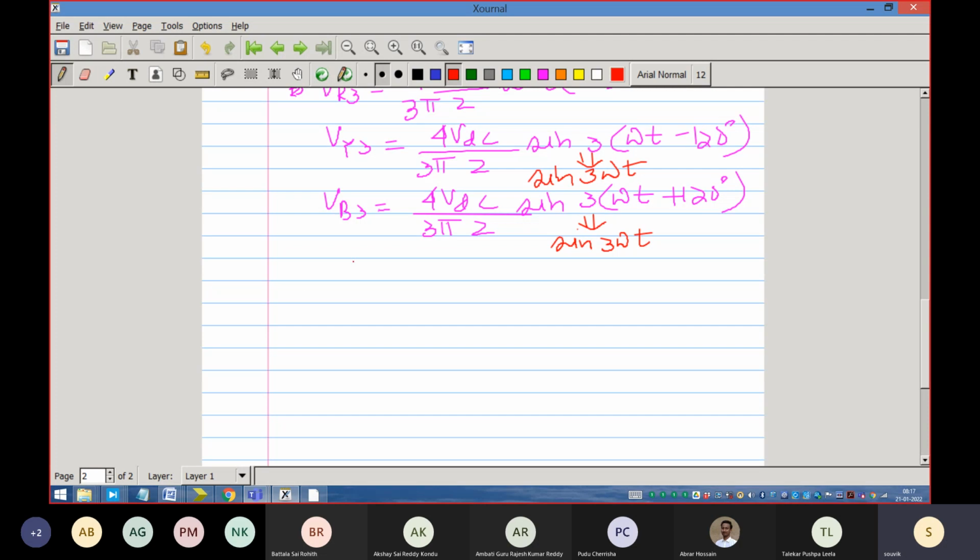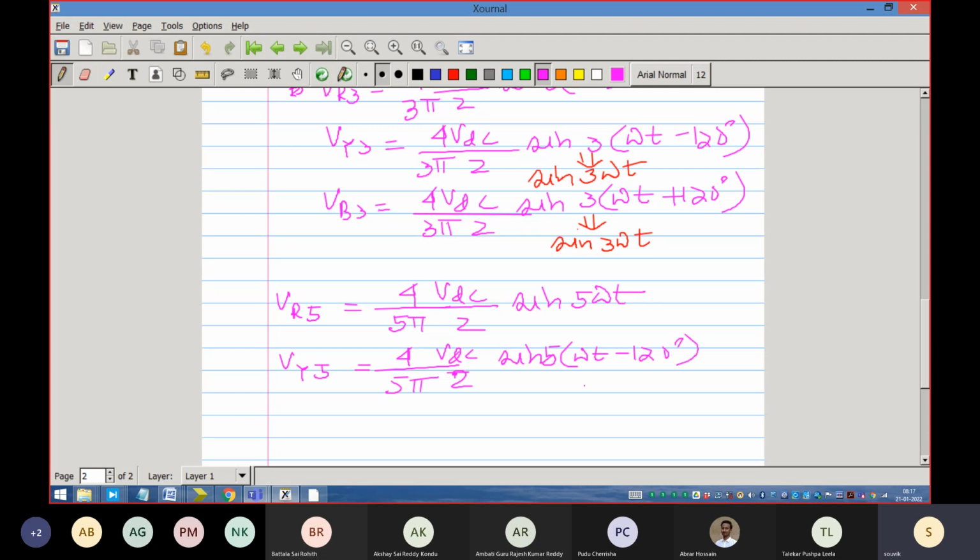Let us write also the fifth harmonic component now. VR5 is 4 into VDC by 2 is the original one, divided by 5 pi, sine of 5 omega t. Vy5 is equal to 4 by 5 pi VDC by 2 sine of 5 into omega t minus 120 degree, right? 5 into 120 degree.